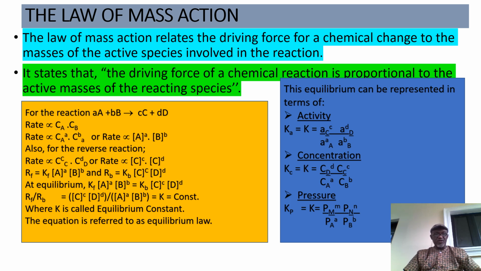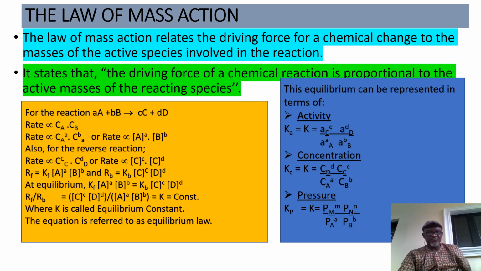When we look at this equilibrium now, the forward reaction A plus B gives C plus D. So the rate of the forward reaction is directly proportional to the concentrations of A and B. Now in the reverse reaction, we have the rate proportional to the concentrations of C and D, because in the reverse reaction, C and D automatically become the reactants.